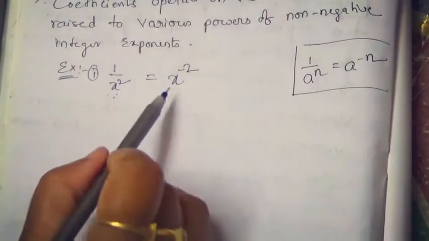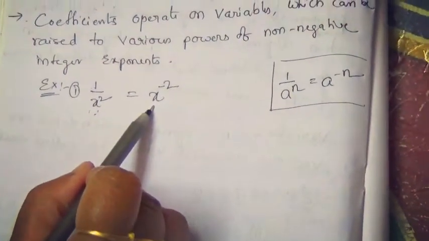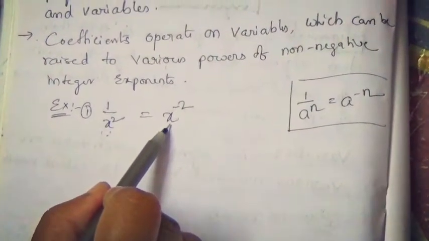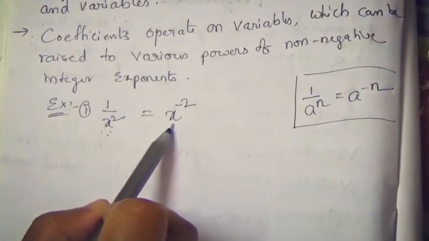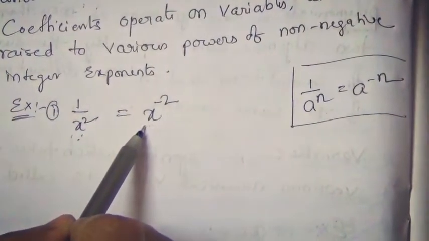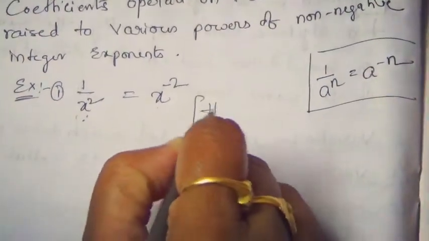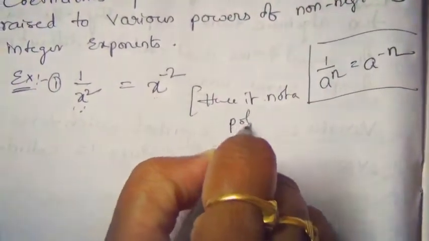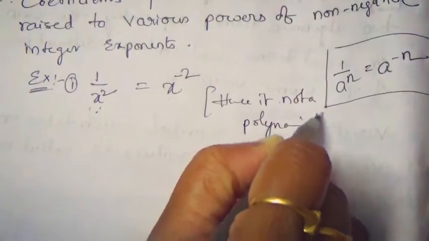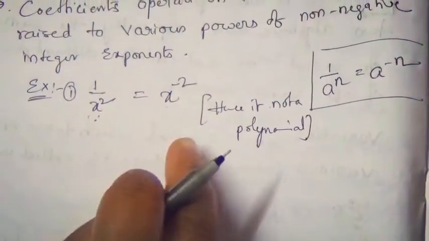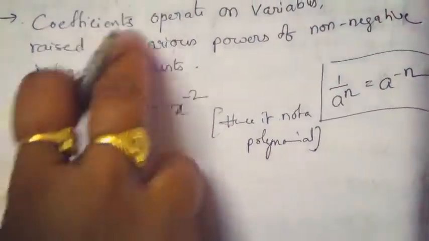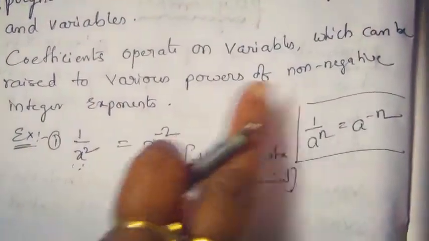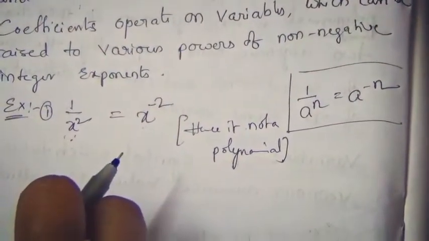What kind of power for this variable? Here there is a negative power. If there is a negative power for the variable, it's not a polynomial. Just remember, negative powers should not be taken for polynomials.